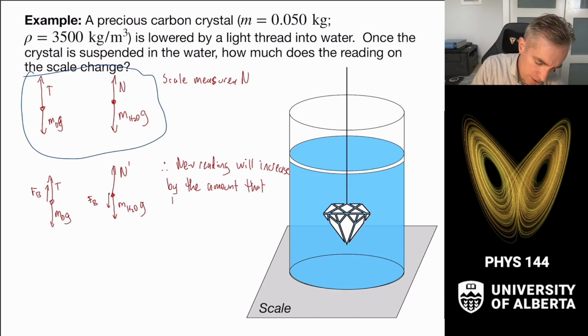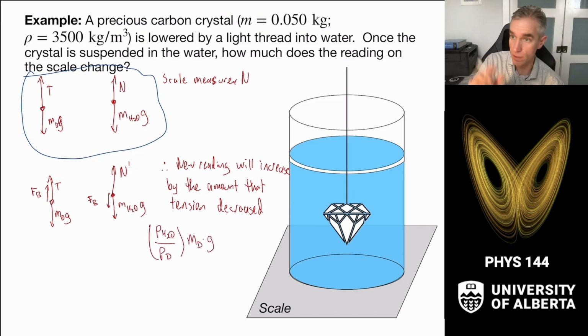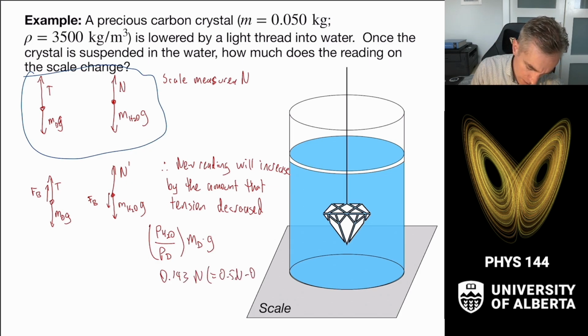The tension decreased by the factor of rho H2O over rho diamond times m diamond times g, which is just the 1 minus term here. That comes out to be 0.143 newtons, which was the 0.5 newtons minus the 0.357 newtons from the previous problem. So the scale will increase by 0.143 newtons.